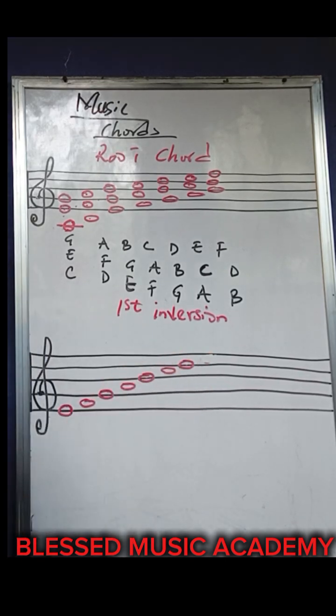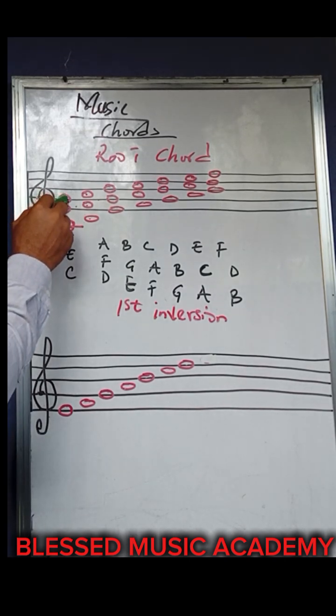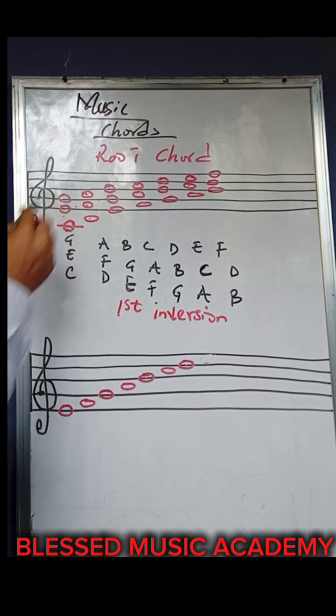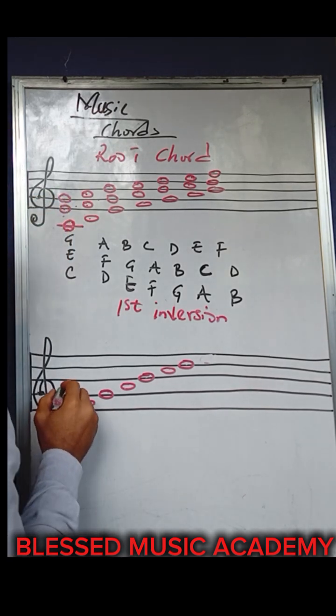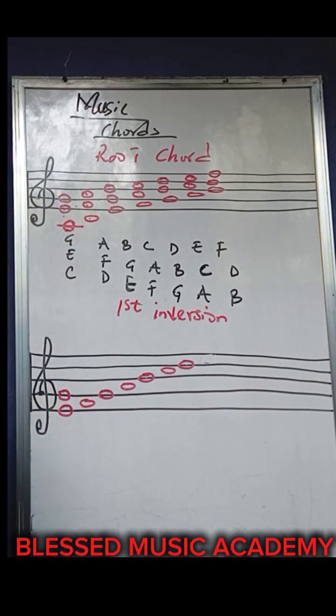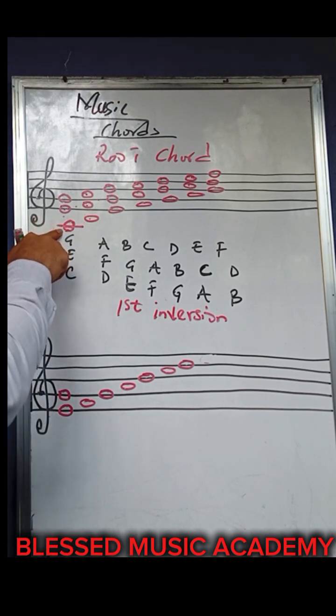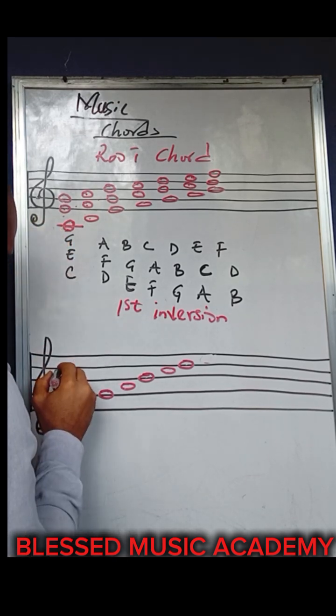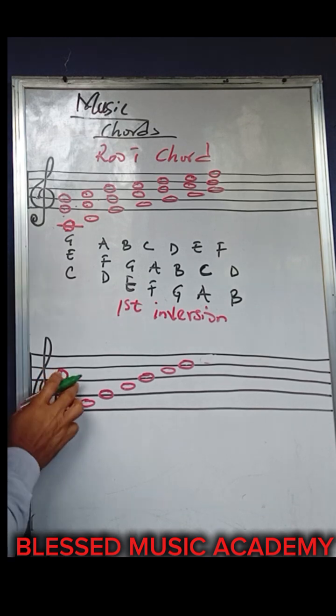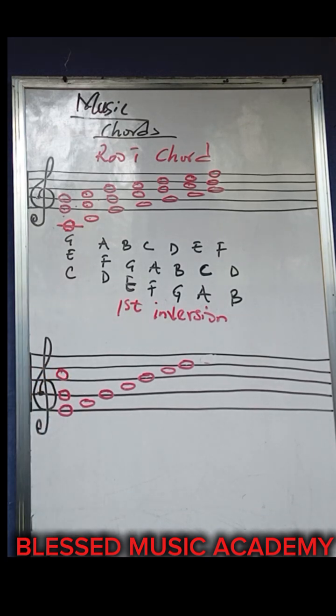The next thing I'll do, I'll take my fifth, and then my first. This is first inversion. Mi so do, mi so do. That's my first inversion on my C major chord.